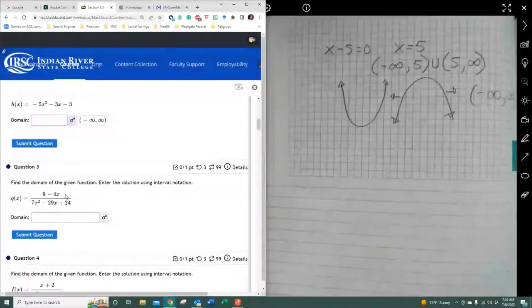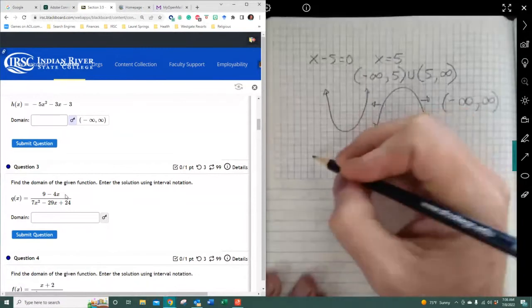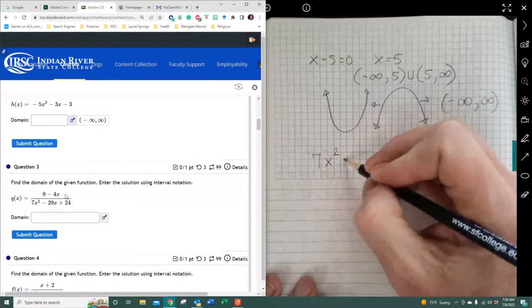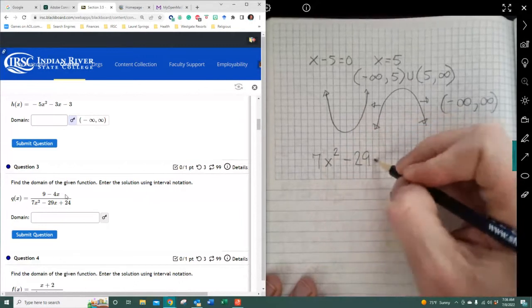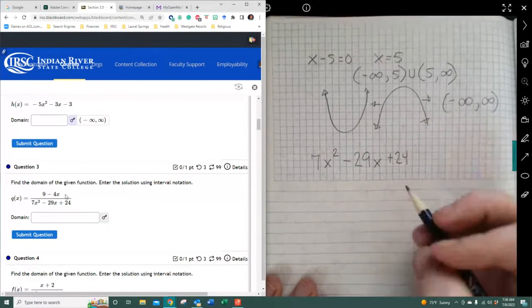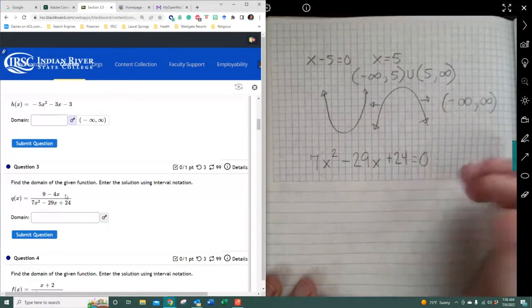Now, of course, we're dealing with a fraction here. So guess what we're going to do? Set the denominator equal to 0. So when it comes to the process of this, there is the issue of whether you know how to factor. When we're setting this equal to 0, we're going to have to factor.